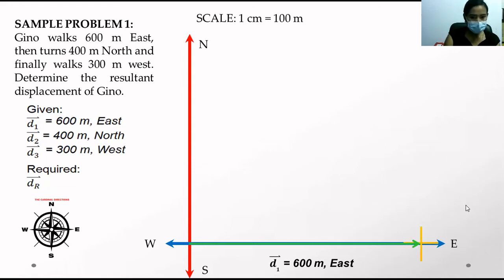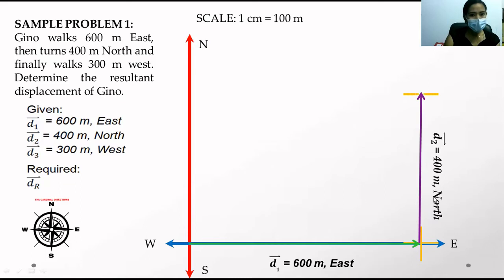Next, placing a direction guide at the tip of our first arrow, we will draw our second arrow. So this is 400 meters due north. On your graphing paper, 400 meters due north will have a length of 4 centimeters.